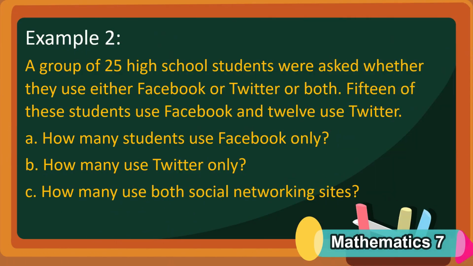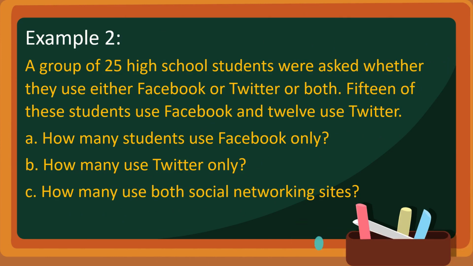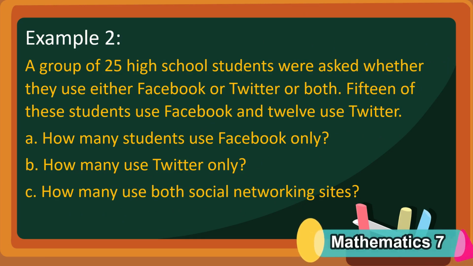Example number 2. A group of 25 high school students were asked whether they use either Facebook or Twitter or both. 15 of these students use Facebook and 12 use Twitter. How many students use Facebook only? How many use Twitter only? How many use both social networking sites?